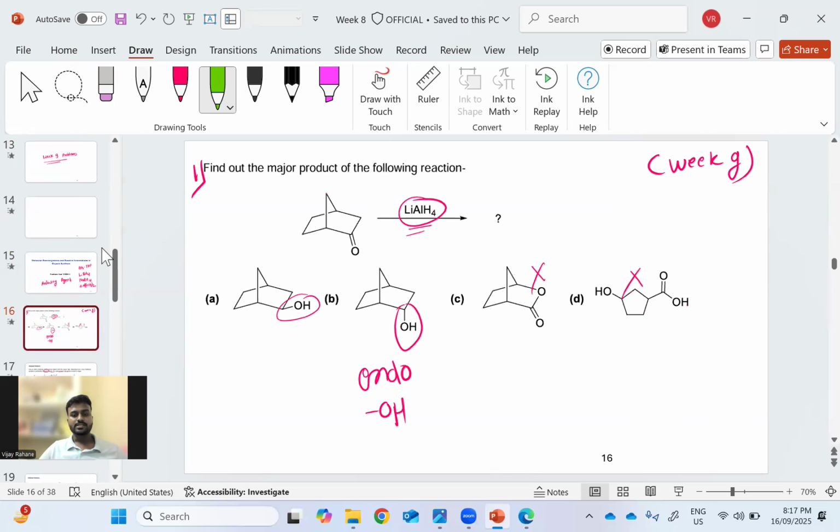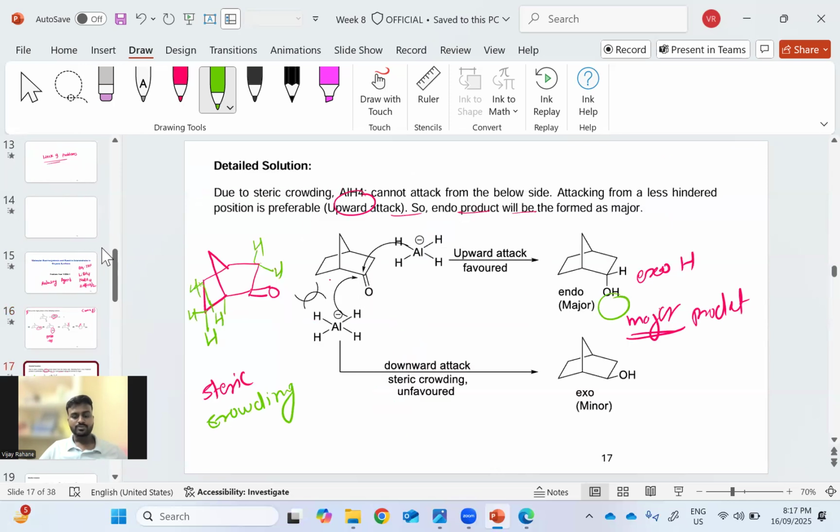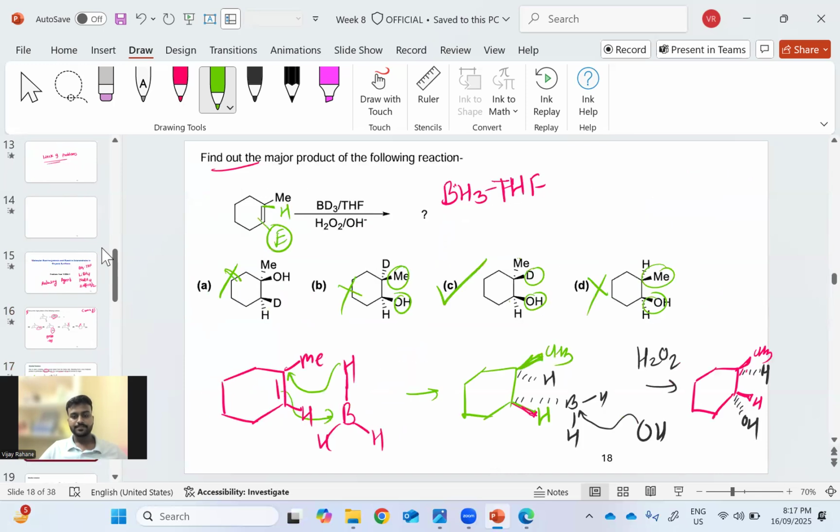Then we have seen the addition of LiAlH4 on bridged compounds which have steric crowding on one side, which leads to the formation of the endo substituted product, as you can see here. This was the mechanism that we have seen. The steric crowding leads to an unstable intermediate formation and an unfavorable transition state.